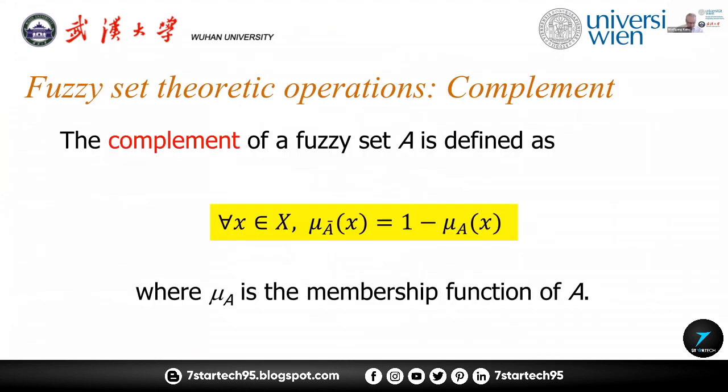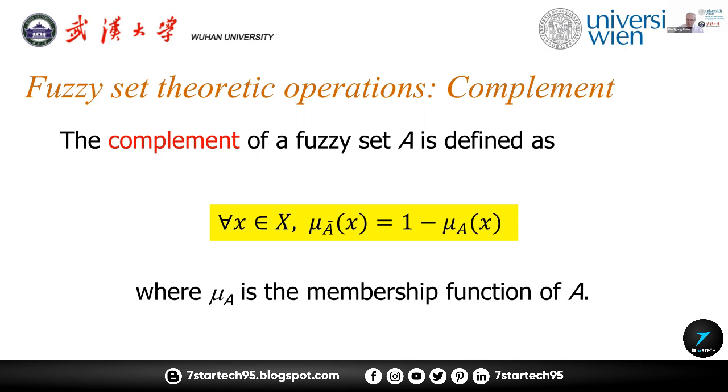operator, which is called the complement of a fuzzy set. The complement of a fuzzy set is defined as taking 1 minus the membership value of the elements of the universe.